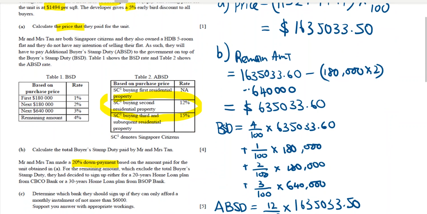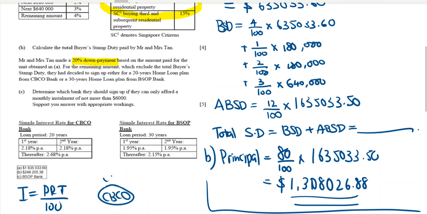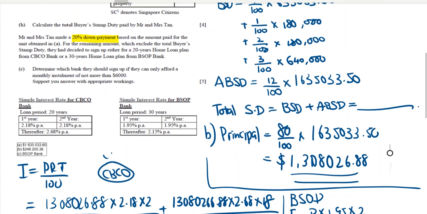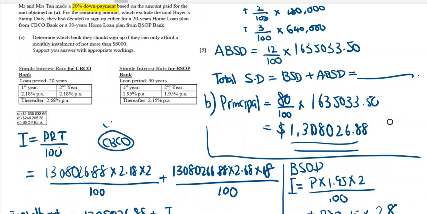After applying the discount, when you are doing a hire purchase, the amount that you borrow from the bank is less after the down payment. So if it is a 20% down payment, it means you're borrowing 80% from the bank, and the 80% will be your principal, and then you use your principal to find out the monthly installment that you have to pay.